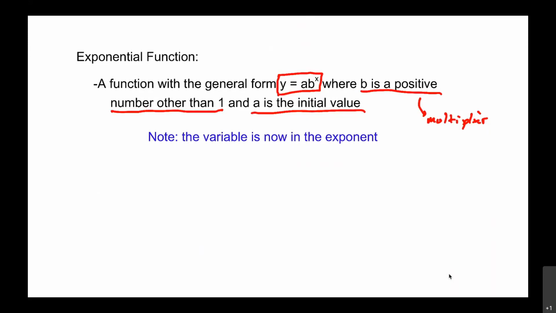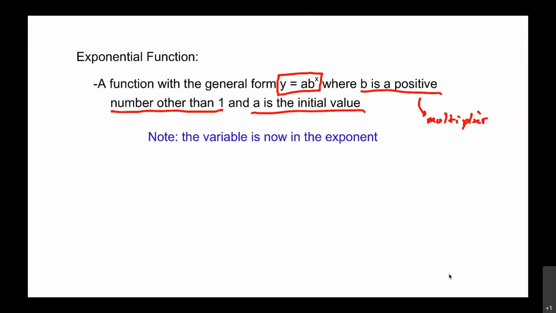Next week we'll talk about applications of exponential functions. One of the most common ones is population. As populations of cities or animals grow, a lot of times they grow exponentially. In order for a population to grow, you have to start with something. That's where that a value, that initial value, comes into play.